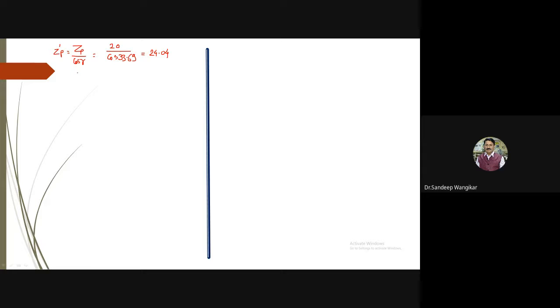So assuming this Z dash P is approximately equal to 24, and Y is already given for whatever virtual number of teeth will be there in the given data. So Y for 24 is equal to 0.33712. It is given in the numerical itself.